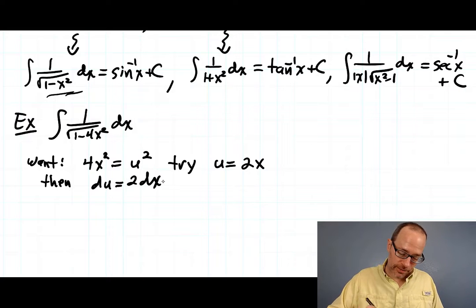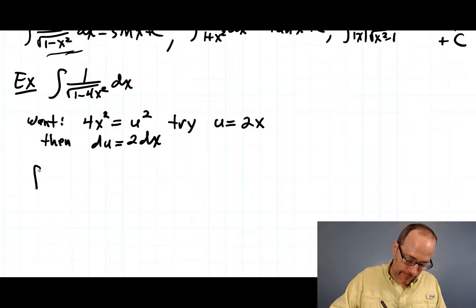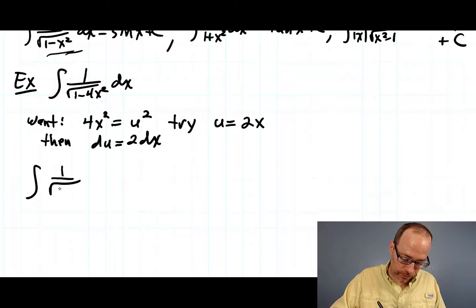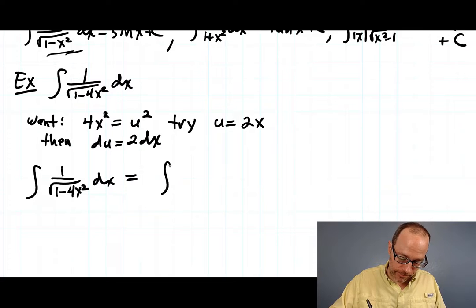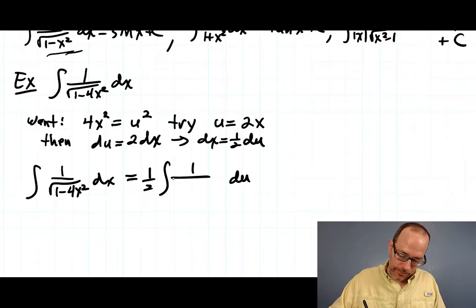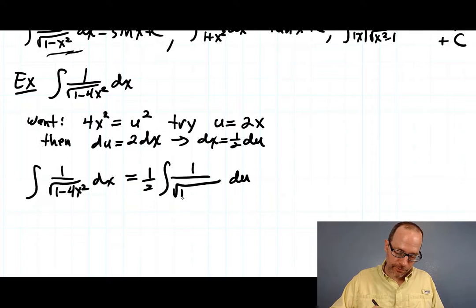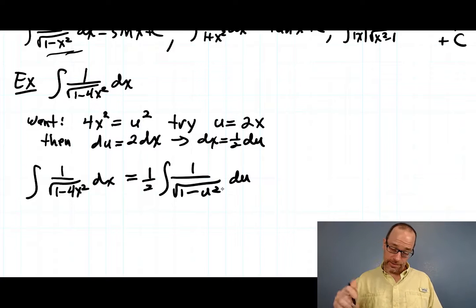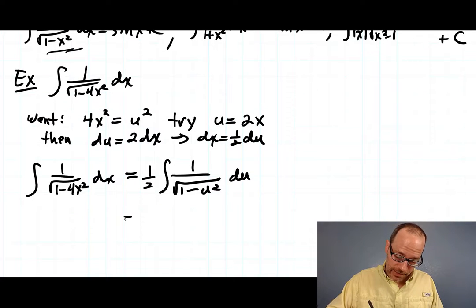Okay, and if I do that substitution, then the integral of 1 over the square root of 1 minus 4x squared dx becomes, well, the dx is half of a du, so I get a half of a du. And then that 4x squared, well, that's just exactly u squared. And that's exactly something we know how to integrate. It's the arc sine.